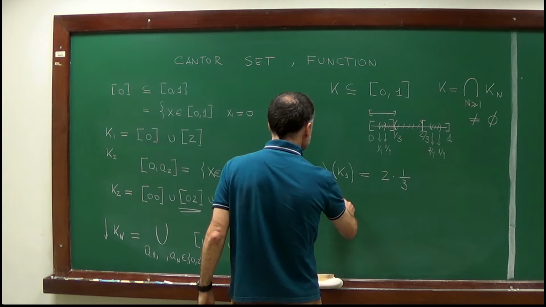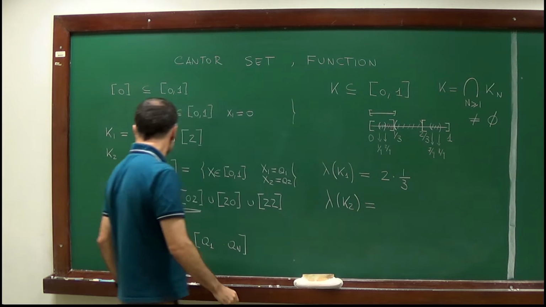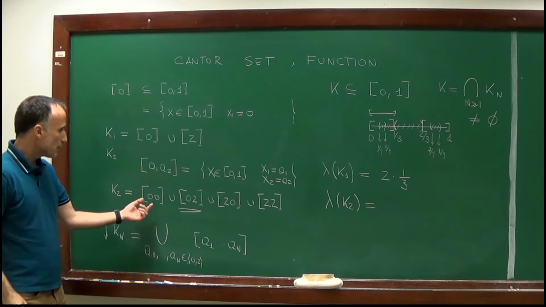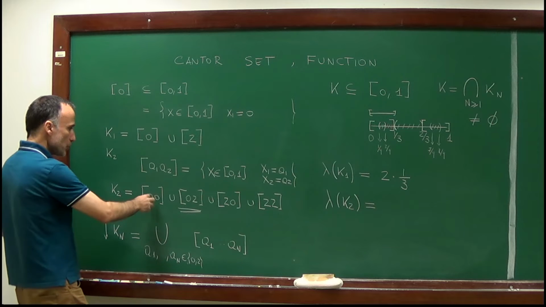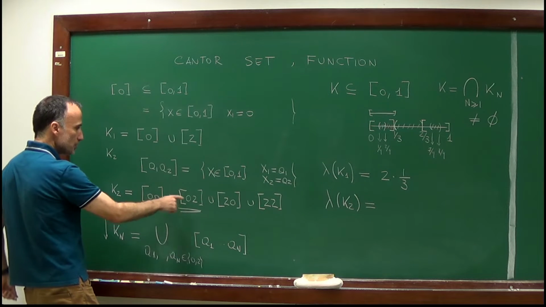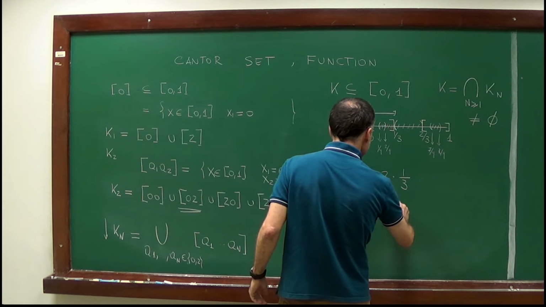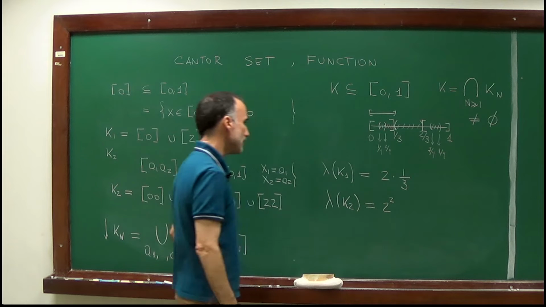For K2, we have now how many intervals? Well, we have two digits, and we can choose each digit to be 0 or 2. So we have 2 to the power 2 sets.